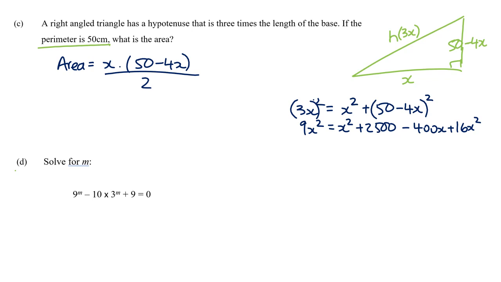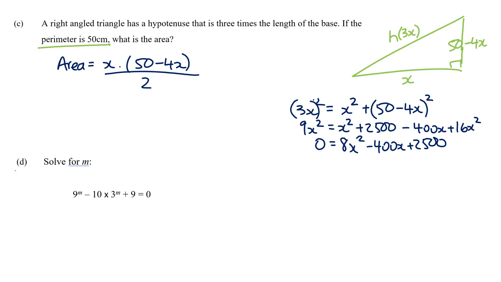Looks pretty tricky, eh? If we collect all that, we're left with 0 equals 17 minus the 9 is 8x squared minus 400x plus 2,500. You solve that using your quadratic formula.